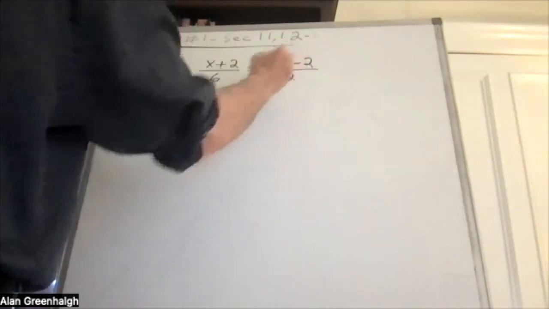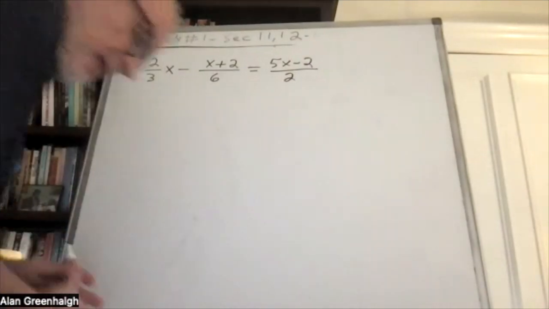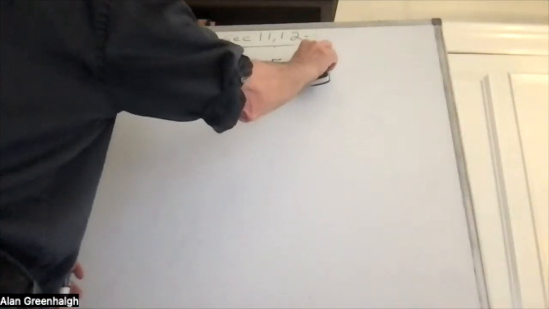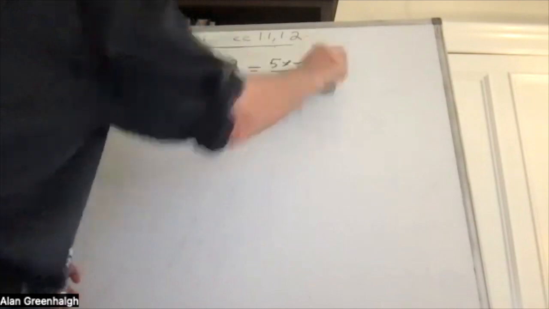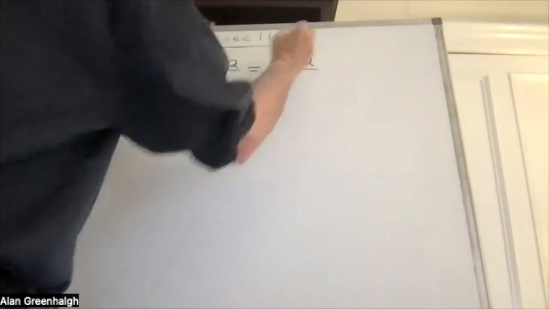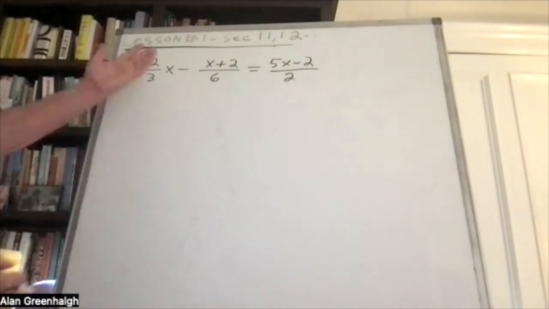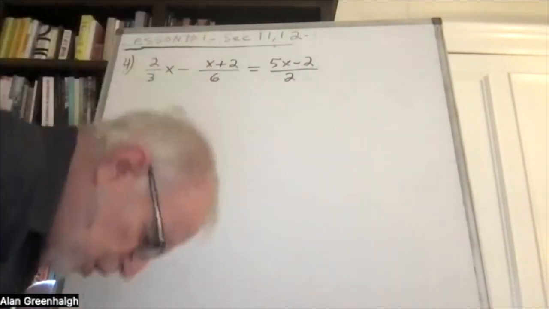That's all I'm saying. And I don't like the way I wrote this number. Okay, that looks more like a 2. Okay, I'll give you a little time to try that.